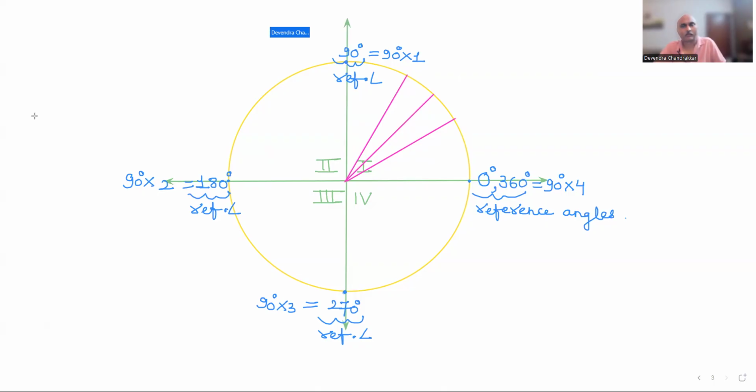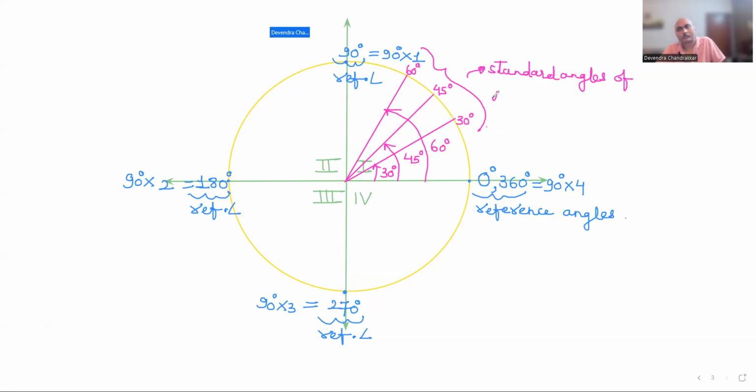So in the first quadrant, this angle is 30 degrees, this is 45 degrees, and this one is 60 degrees. So these angles are called standard angles of the first quadrant.